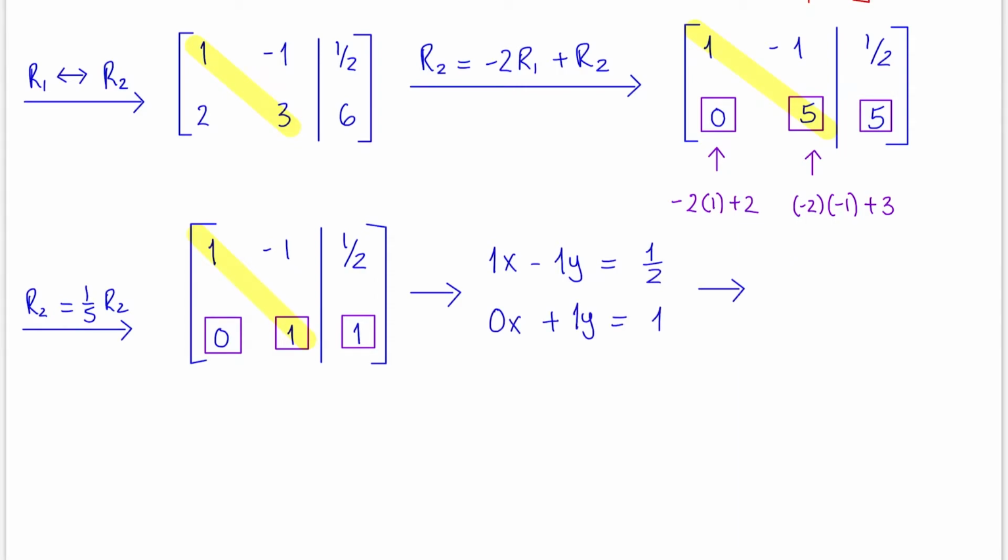That is equivalent to x minus y equals 1/2 and y equals 1. So by doing so, I found my y. Y is 1. To find x, I'll substitute 1 in here and then solve for x.